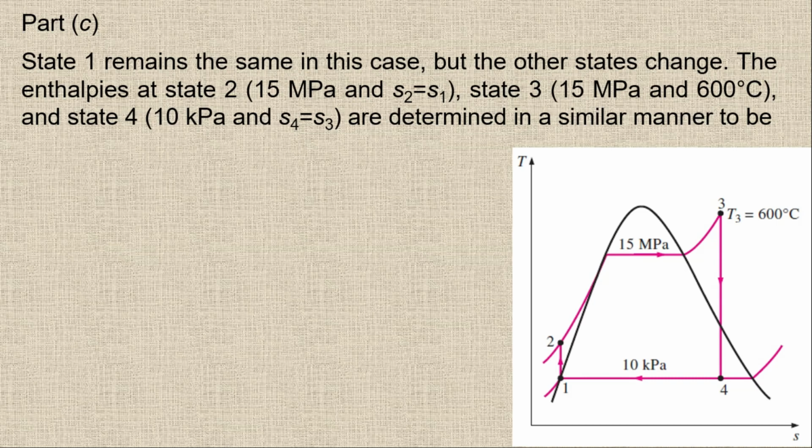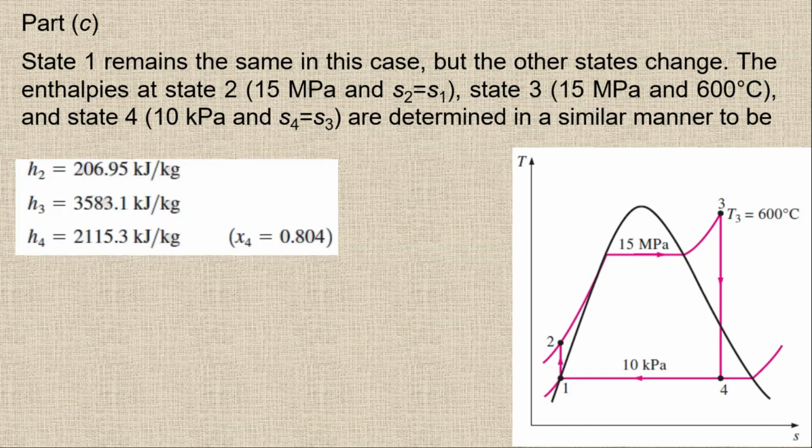So at state number 2, we will get W pump in, and it will be equal to V1, which is the same as we calculated in the previous parts, times P2 minus P1. Here P2 is 15 megapascal rather than 3 megapascal. So 15 megapascal minus 10 kilopascal, times V1. So we will get a different pump work input.